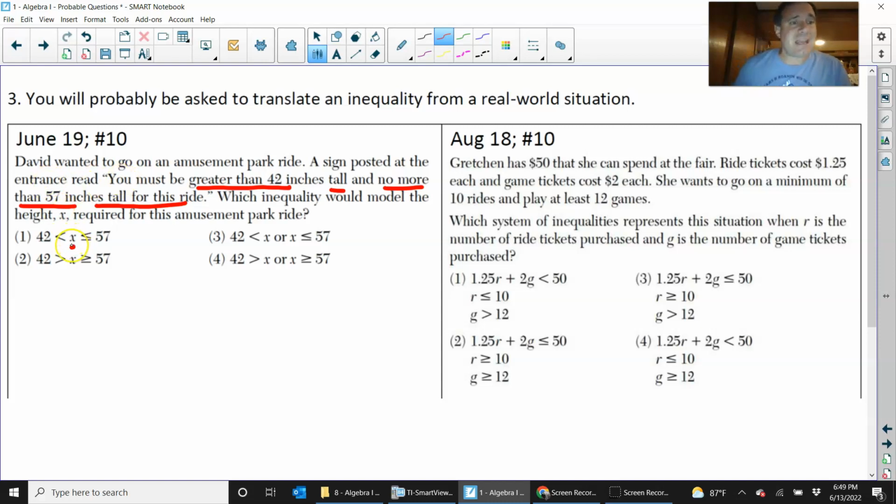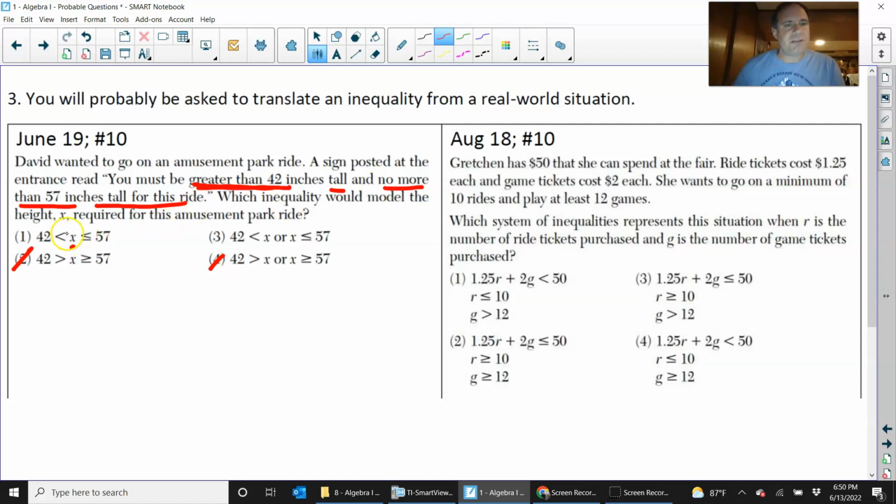So this says x is greater than 42. This says x is less than 42. I'm going to cancel that out because you have to be greater than 42. So you're only left with one. The other one says no more than 57 inches.